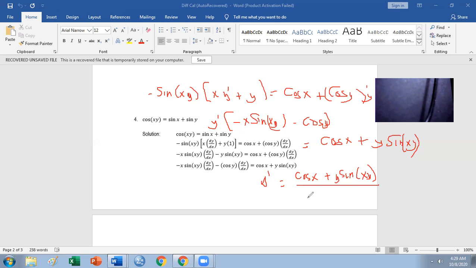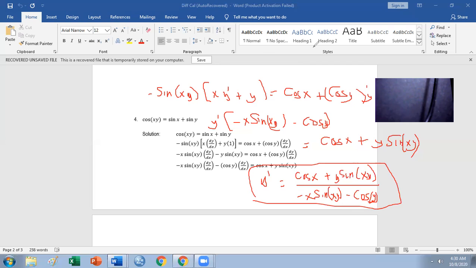Divided by negative x sine of xy, minus cosine of y. There. So this is your y prime.